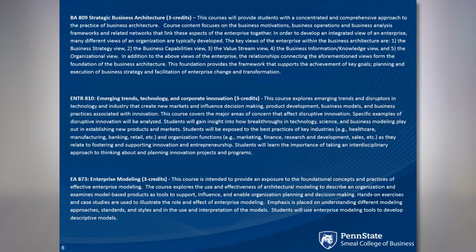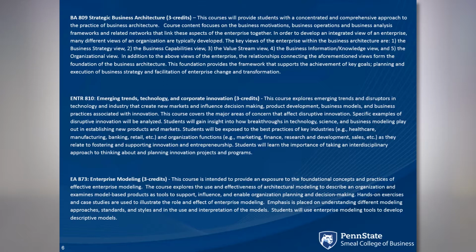The next course is Entrepreneurship 810, Emerging Trends, Technology, and Corporate Innovation. This is a unique and interesting course in that it talks about how to foster and grow innovation in your organization. And I would argue that business architecture groups need to be a hub of innovation in their organizations.